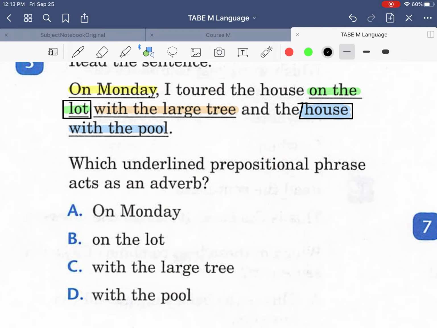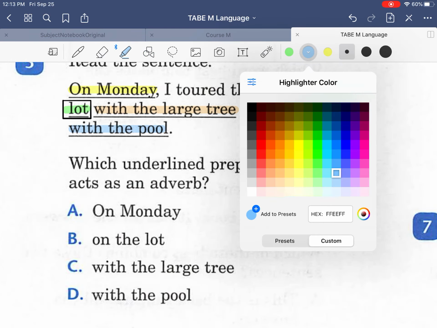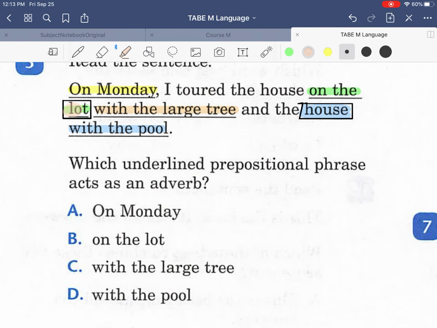So that with the large tree goes with the lot. On the lot is describing this house. I promise there's a point to this. Sorry, that's the wrong color. It describes that house.